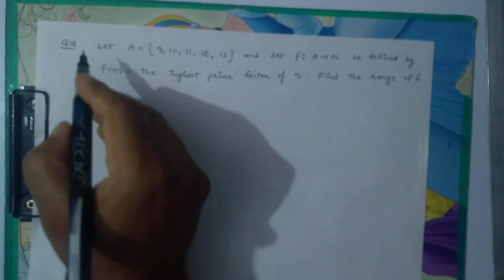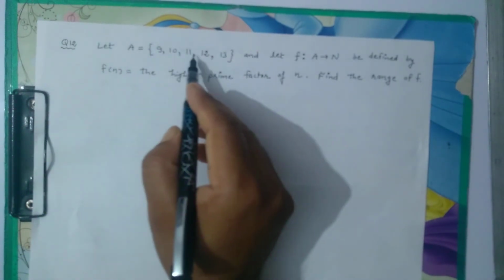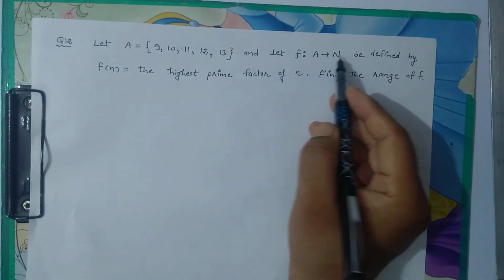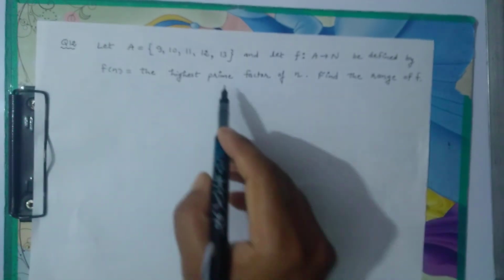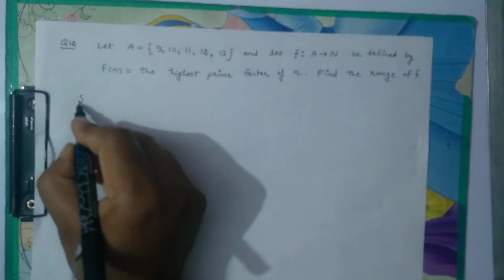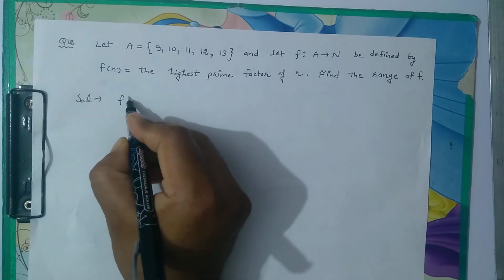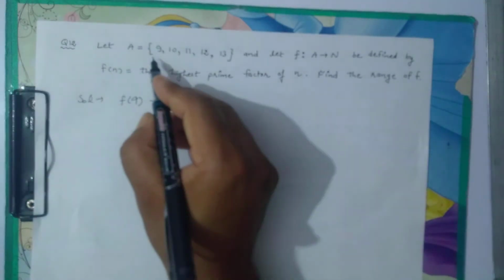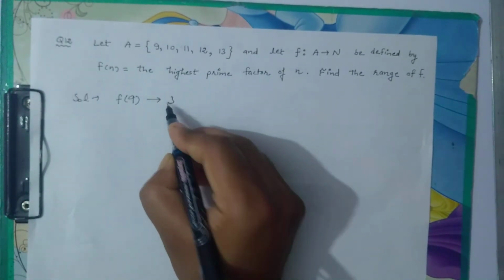Now next question, the last question of the exercise. Let A = {9, 10, 11, 12, 13}. Let f be a mapping from A to N defined by f(n) = the highest prime factor of n. Find the range of f. So first of all, what is f(9)? What are the factors of 9? The highest prime factor is 3.